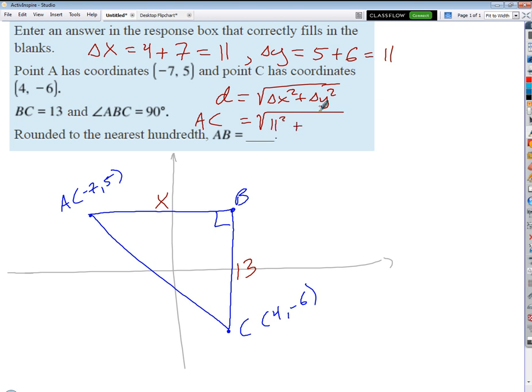So 11 squared plus delta Y is 11 squared. Okay, so that's just the square root of 121 plus 121, which is the square root of 242. So where does that go on our triangle? Yeah, that's the hypotenuse, isn't it?